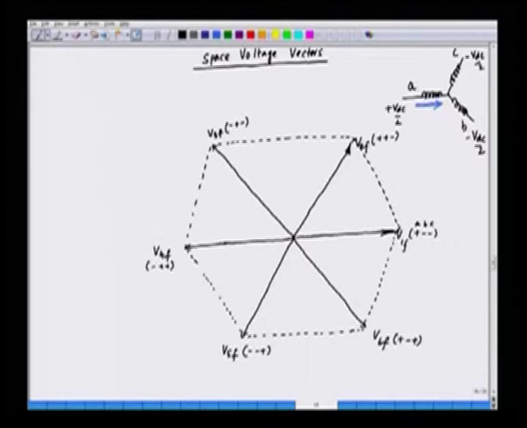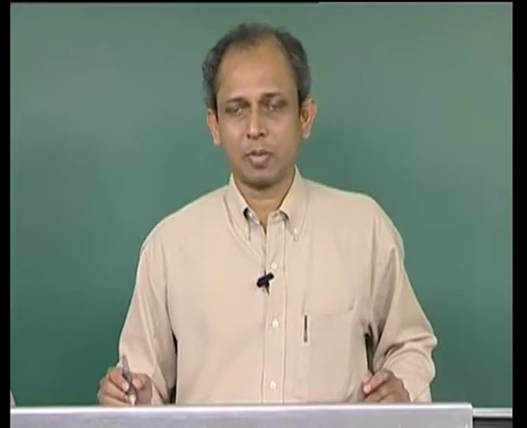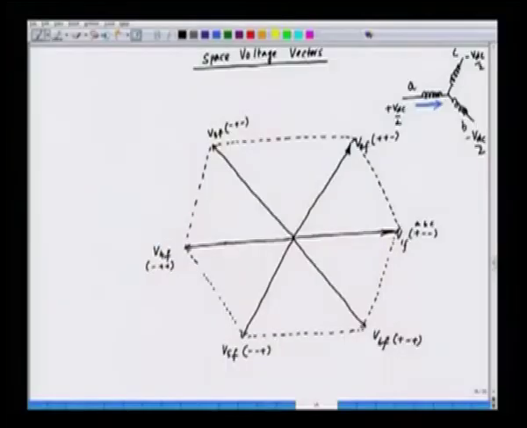Now, we have some more vectors also. Now, we can also apply half voltage vector. Half means the voltage is half here. So, we have the full voltage vector V1f. What about V1h? So, we have another voltage vector called V1h, just exactly half, but the direction is the same.